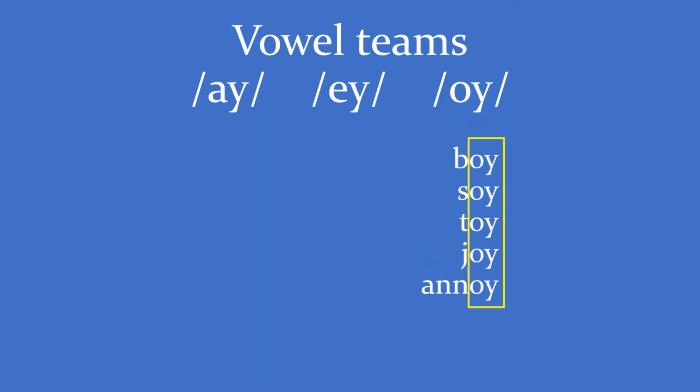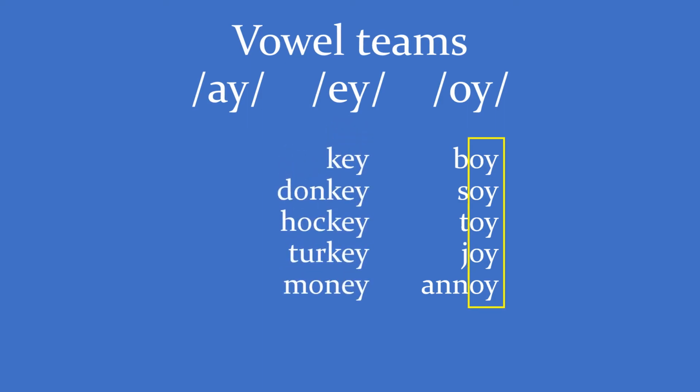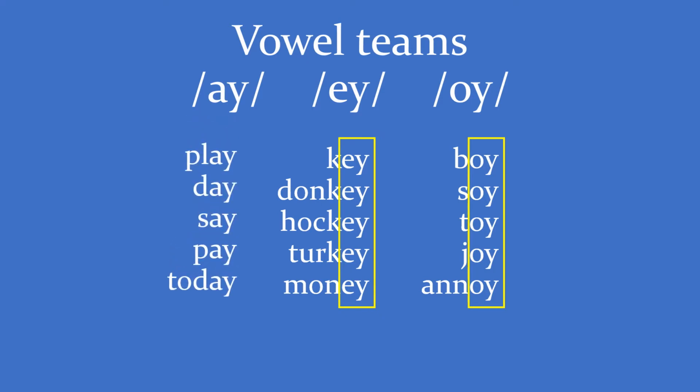So we have the words that we just saw with OI, and then we also talked about key, donkey, hockey, turkey, money. And look at that. The vowel team with a Y goes at the end again. And in play, day, say, pay, and today, the same thing happens again.